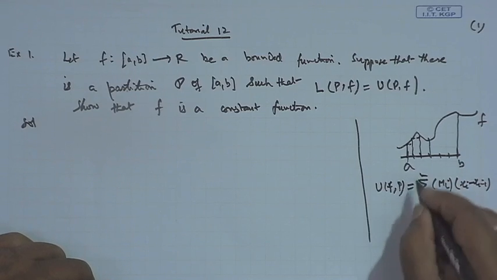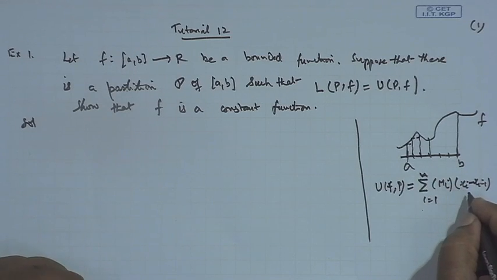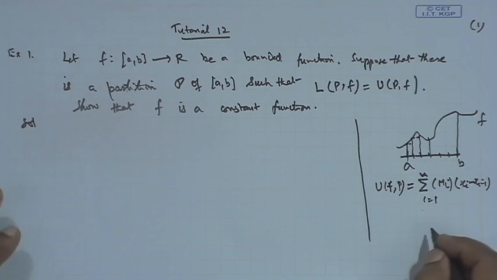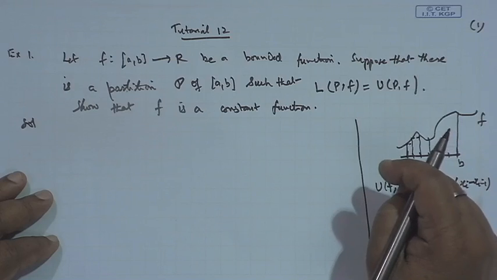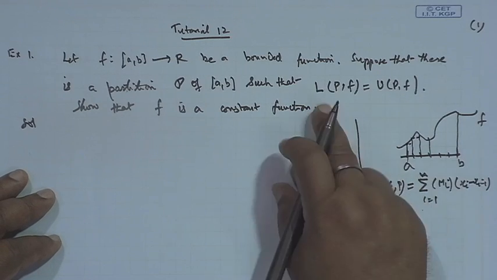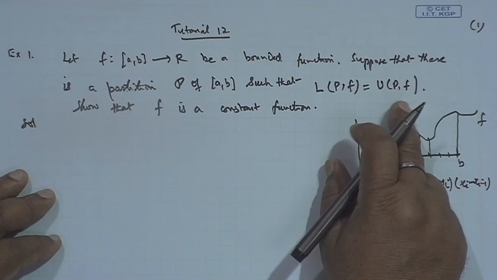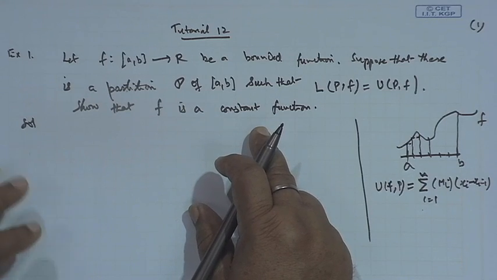Similarly, for the lower sum, M_i is replaced by small m_i. Given that f is a bounded function and there is some partition for which the lower and upper sums are the same, we have to show that f is a constant function.